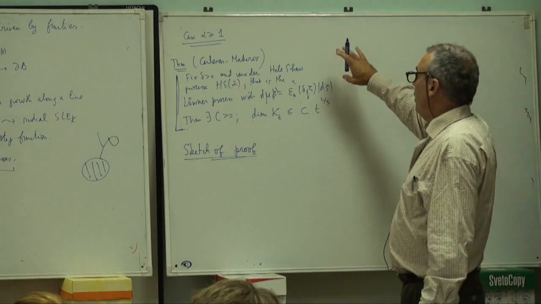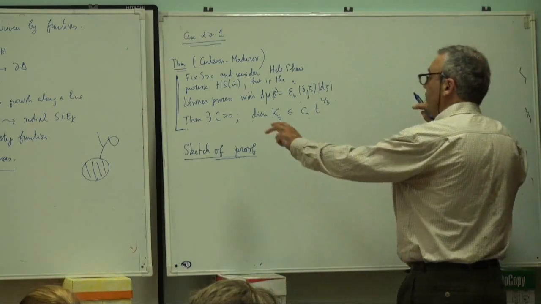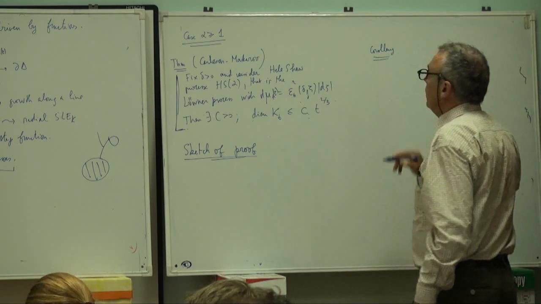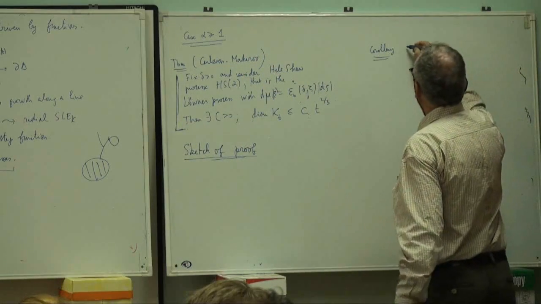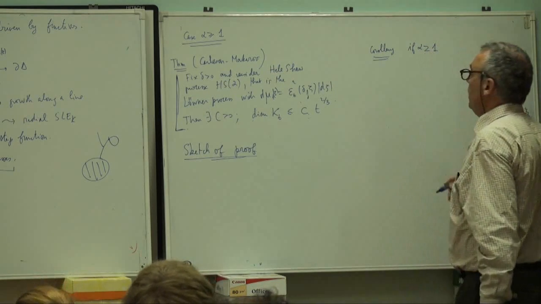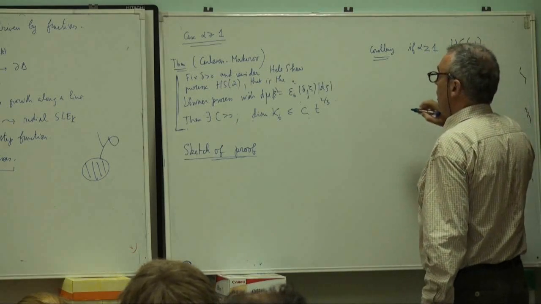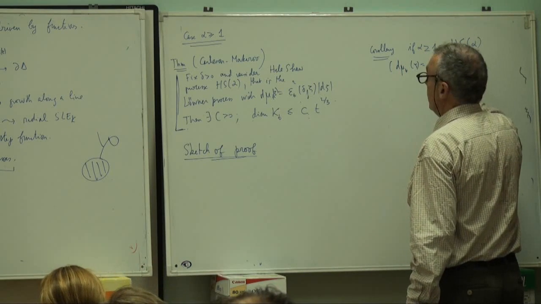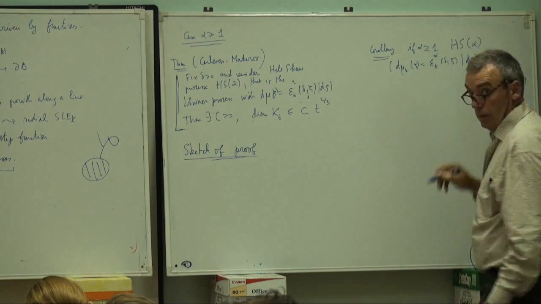Sorry, before I start the proof, let me state a corollary of that. It will follow by exactly the same lines. This is for alpha greater than 1. If alpha is greater than 1, and we consider HS of alpha, then d mu t of zeta is epsilon t of delta zeta to the alpha d zeta.